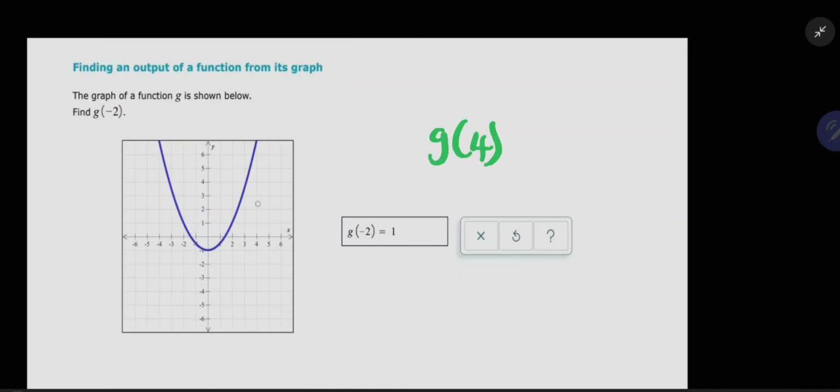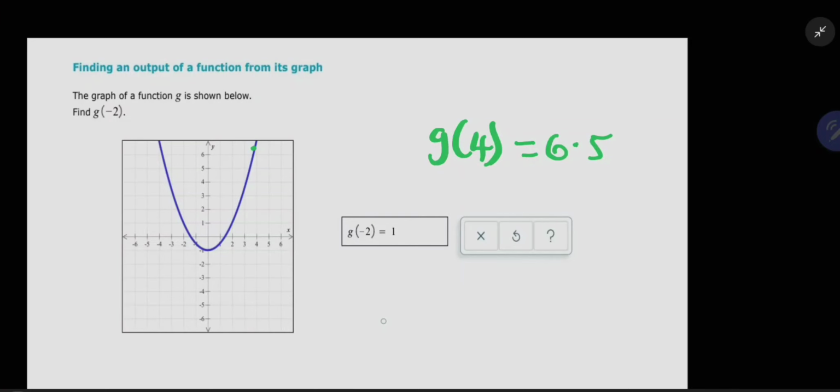You move up until you meet with the graph line, and once you meet with the graph line, you trace it down to the y-axis. And for this, we have our value at this point. This is the point where it just touches, and we can take that as 6.5.